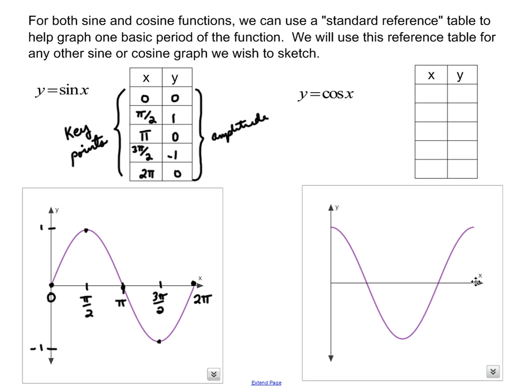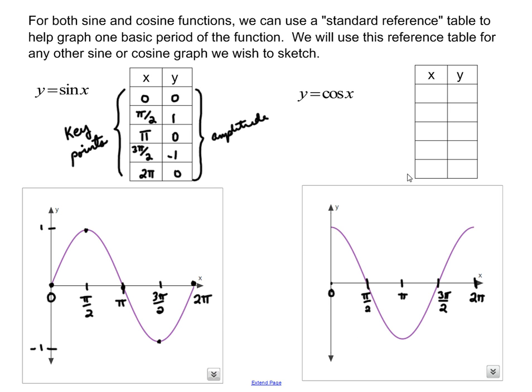Same deal. We divide up the curve into one full cycle at 2 pi along the x-axis. So 0 is our starting point here. We divide our interval in half. We say pi, that's halfway through the period. We go to pi over 2, halfway between, and 3 pi over 2 along our positive x-axis for one basic period.